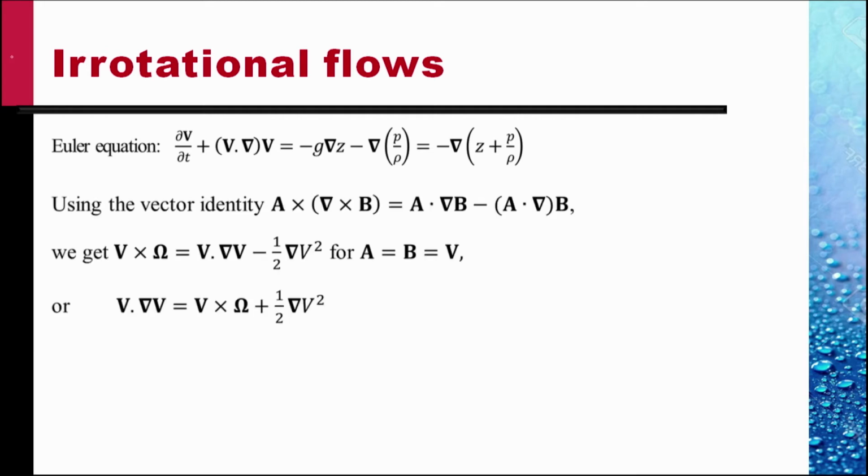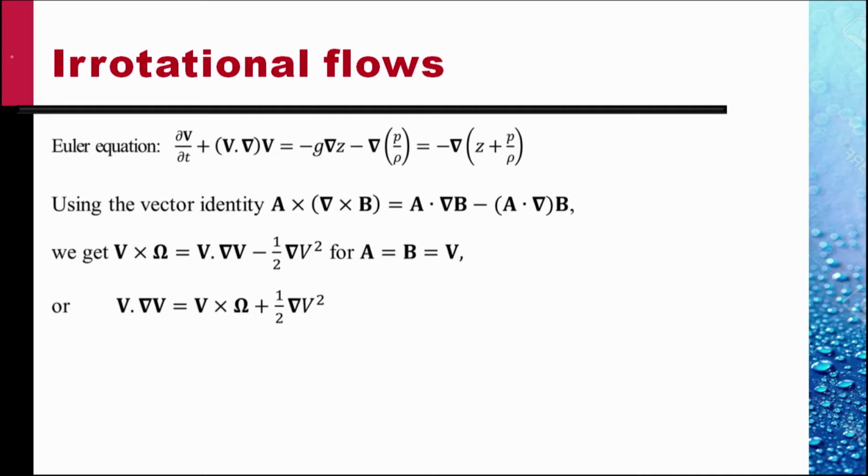Using the vector identity, for A and B equal to V, we get V cross omega is equal to V dot del V minus 1/2 del V square.